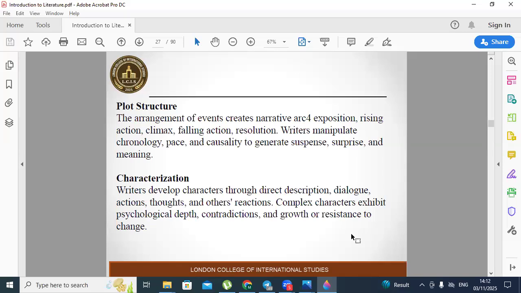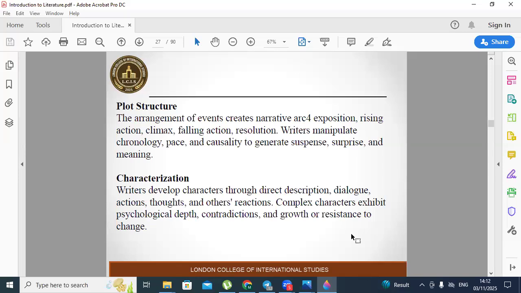We learn more about someone from their behavior than from their stated intentions. Thoughts give us access to interior life when the narrative provides them, and others' reactions show us how characters affect those around them. Complex characters exhibit psychological depth rather than being one-dimensional.